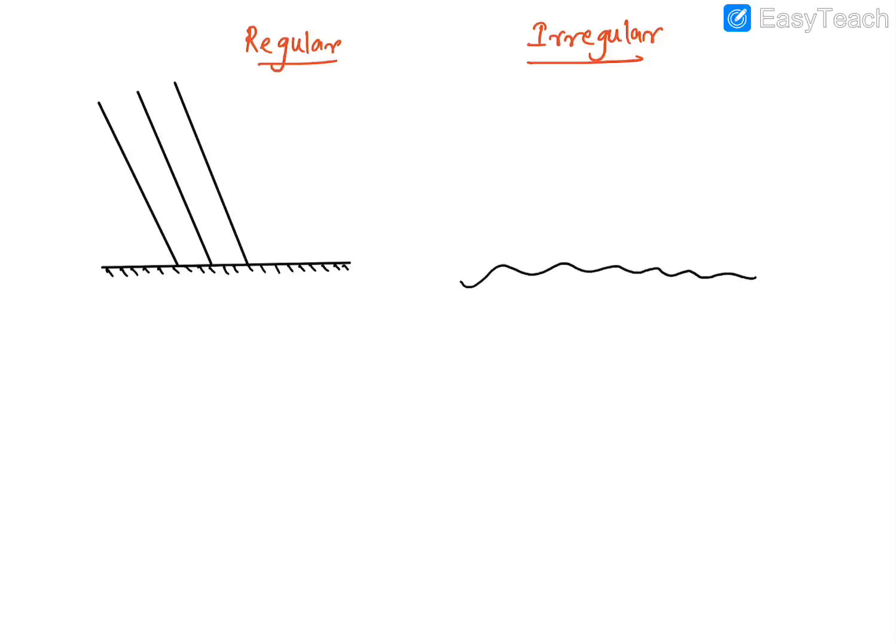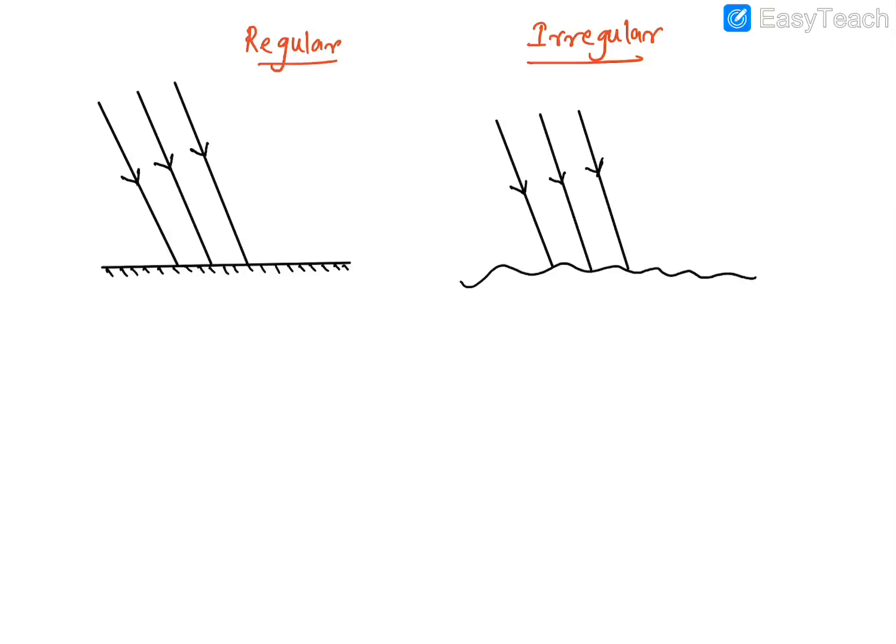Same way here also, I'll draw incident rays, say 1, 2 and 3. I have drawn 3 incident rays here also. All these incident rays are parallel to each other. So 1, 2, 3. 1, 2, 3.